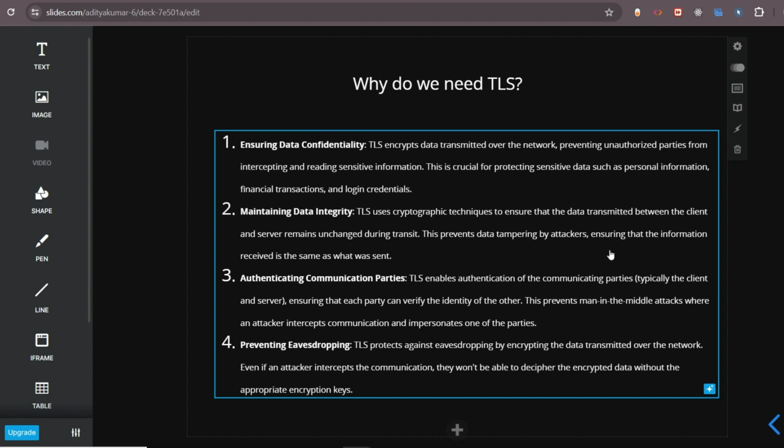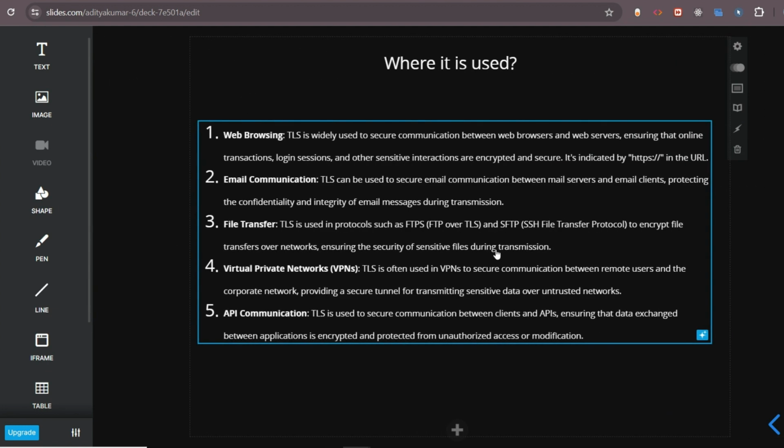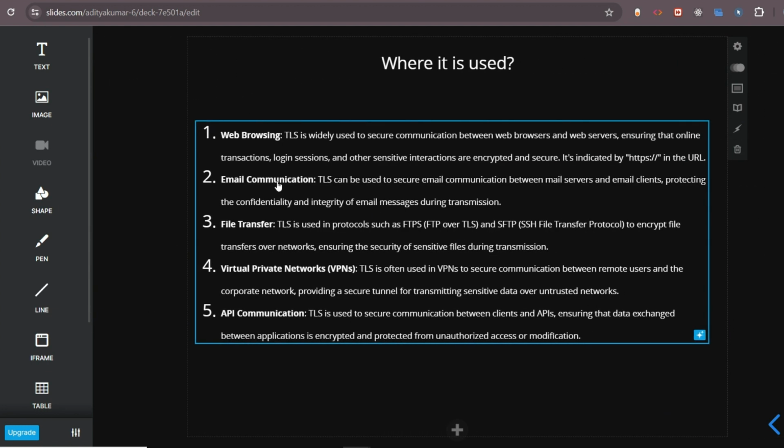A few of the places where TLS is used are web browsers and email communication. For example, whenever you are sending an email to your friend, or in an organization you're sending an email to your colleague, and that email consists of some sensitive information, you don't want a third person to read it because it is private to your organization.